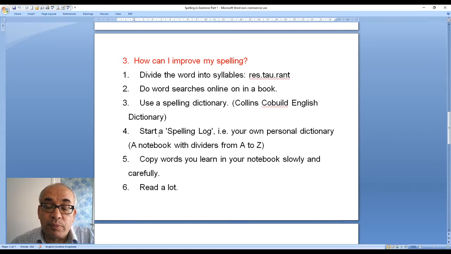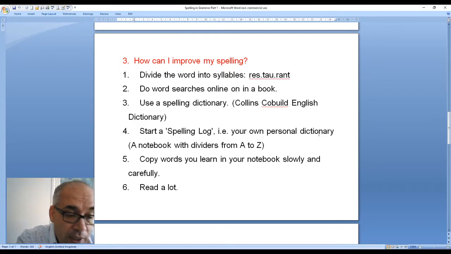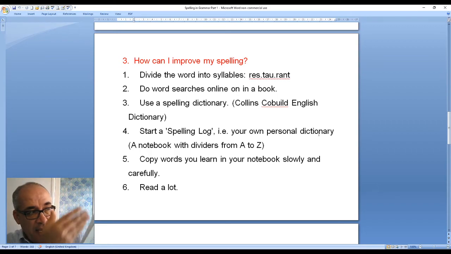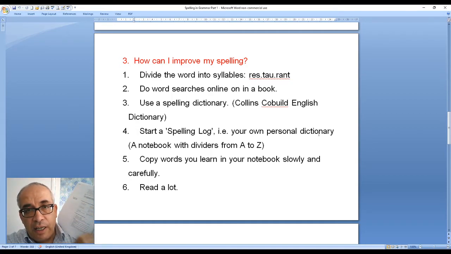Number 4, start a spelling log. That is to say, your own personal dictionary. So you can get a dictionary like this, for example, and then it has got dividers from A to Z. So if you learn new words with A, you go to A and write the new words.